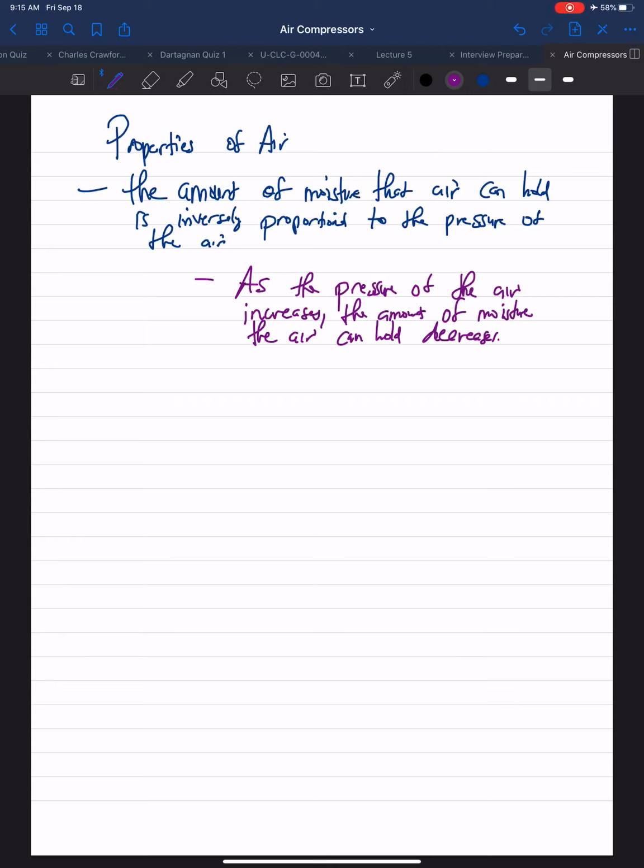This makes sense. As you compress air, you're forcing the liquid to condense. So the air will no longer hold as much liquid.